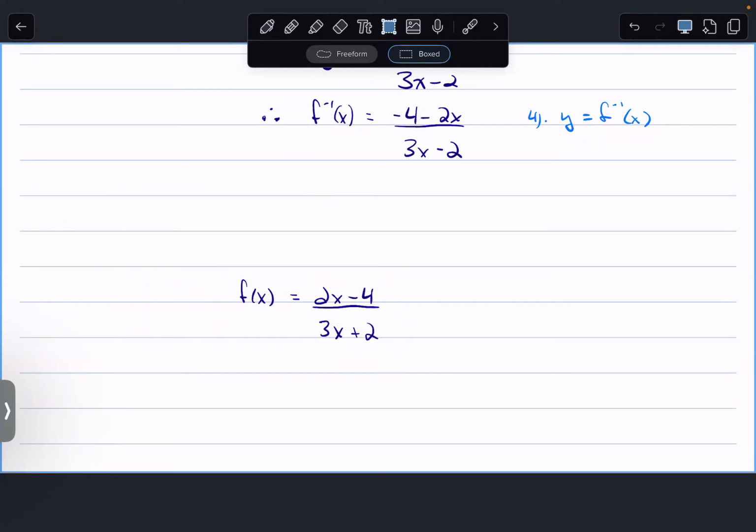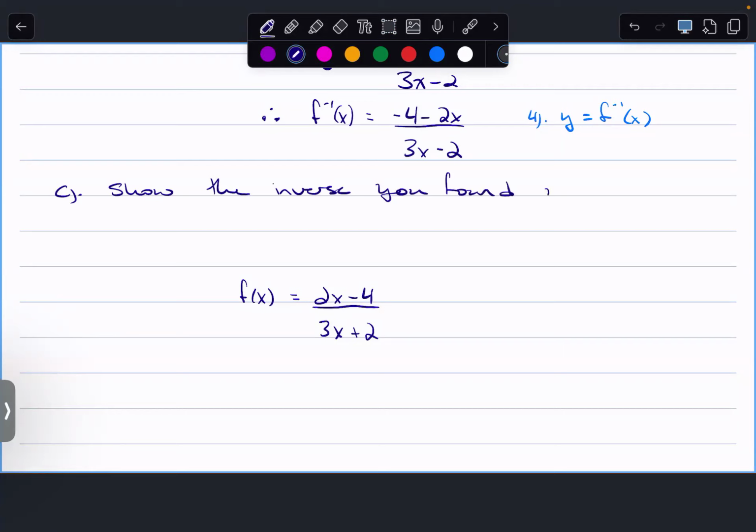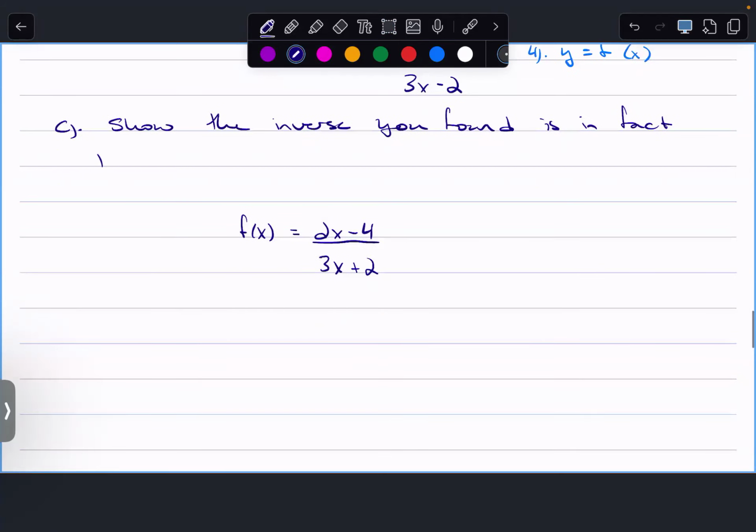What's the next part? Show that the inverse you found is in fact the inverse, right? And so part C, show the inverse you found is in fact the inverse.